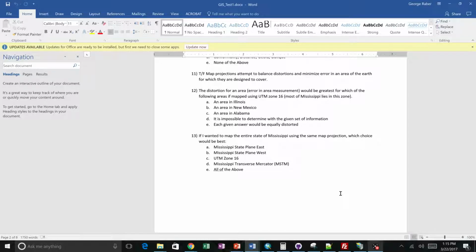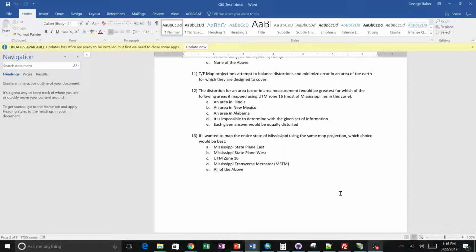So Illinois is roughly north of Mississippi, and so it would have less distortion than going all the way to New Mexico. An area in Alabama would be similar. In fact, most of Alabama is even in that same UTM zone. So the correct answer is B, because it's the one that's furthest away.